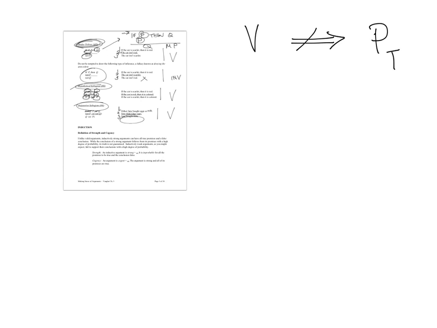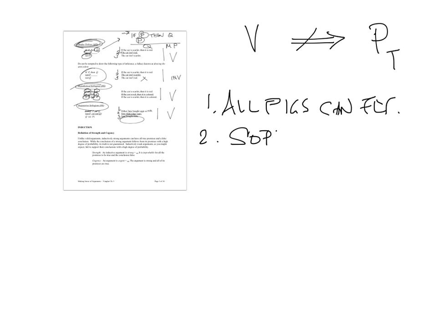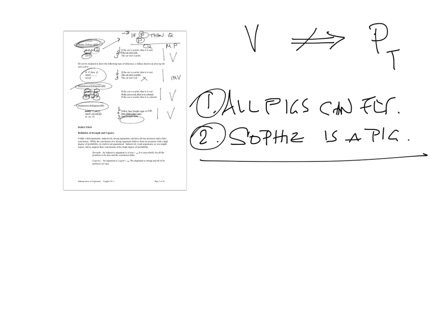In fact, just to give you an example, here's an example of a valid argument. All pigs can fly. Premise 1. Premise 2. Let's say Sophie is a pig. If it's the case that all pigs can fly and that Sophie is a pig, it would logically follow that Sophie can fly.